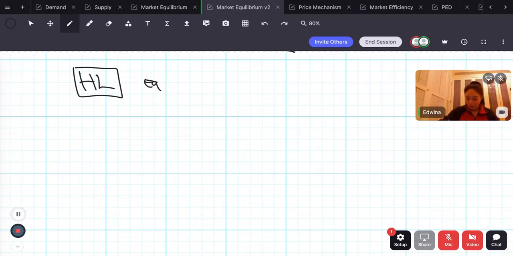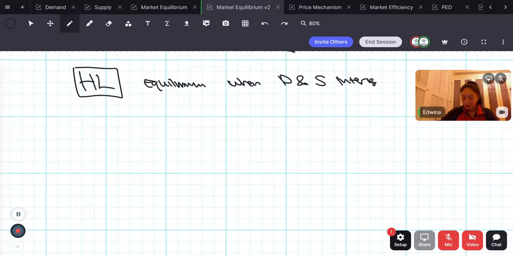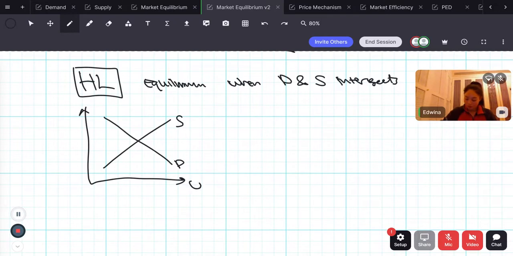So equilibrium, we know, is when demand and supply intersect, because we know that the graphs we've been drawing are where supply and demand intersect. And so PE, QE is the equilibrium.